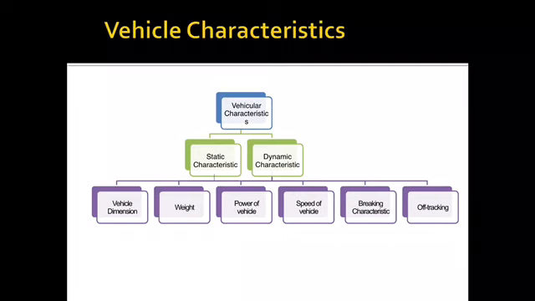What are all the various characteristics which are very much essential for a traffic engineer? The first one is the vehicle dimensions. What is the dimension of the vehicles? That can be the height of the vehicles, the maximum turning angle, and the length of the vehicle. Another parameter is the height of the driver's seat.